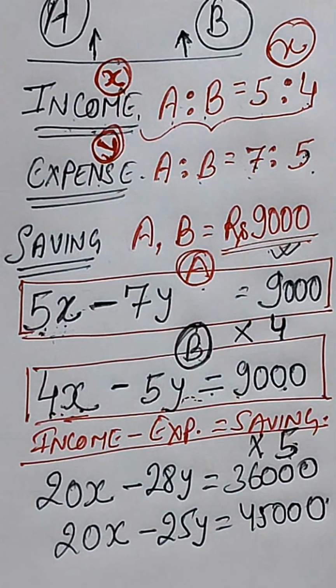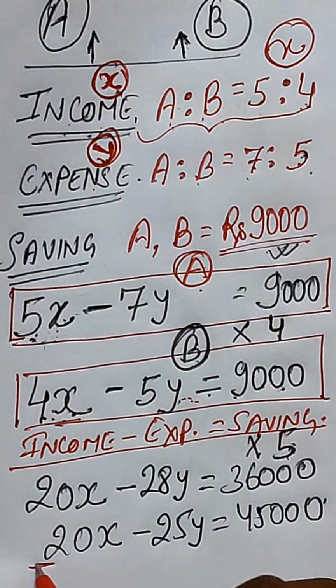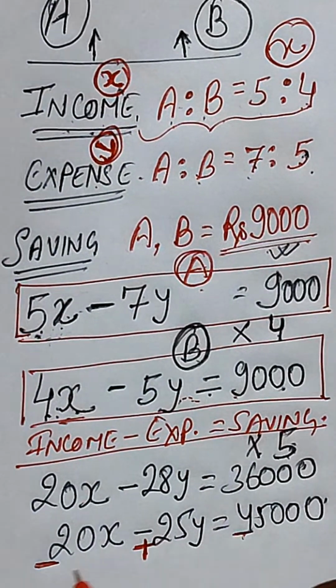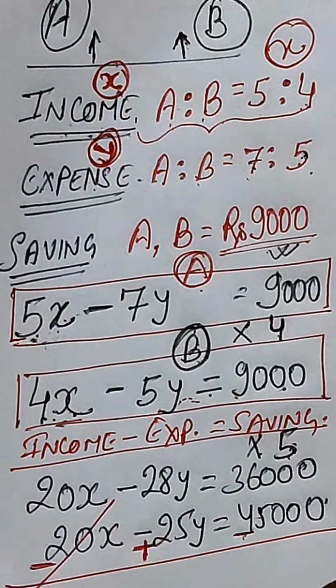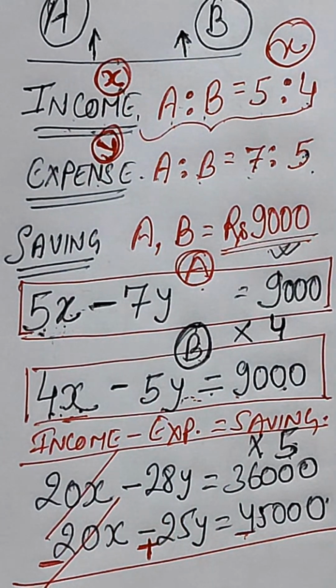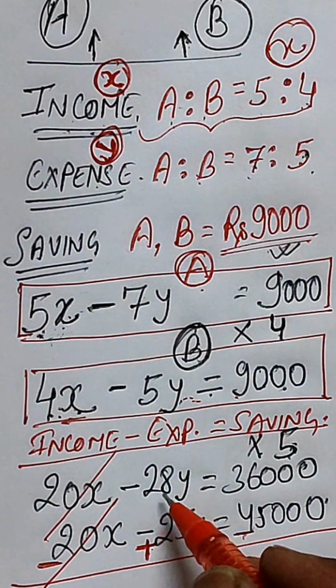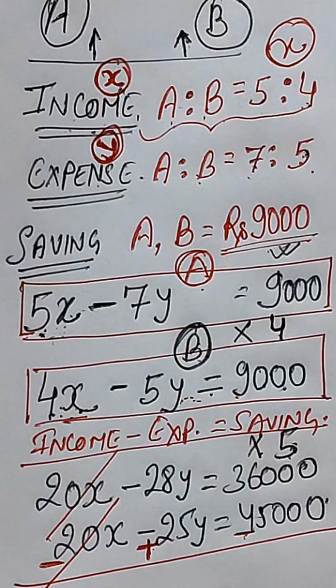And this is subtracted, that's why the sign will be changed for each of the terms. In this way we can see 20x is cancelled, that is eliminated, and we are left with minus 28y plus 25y.